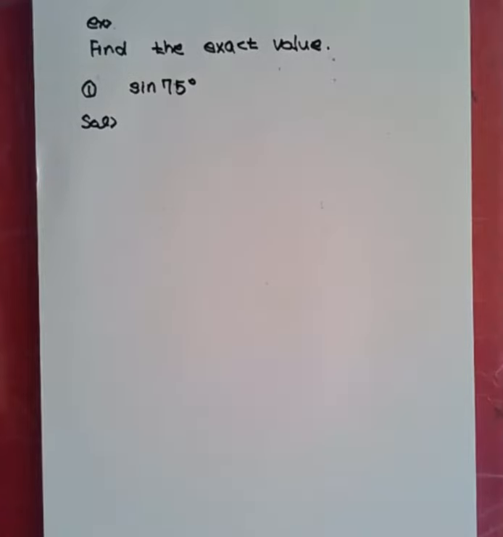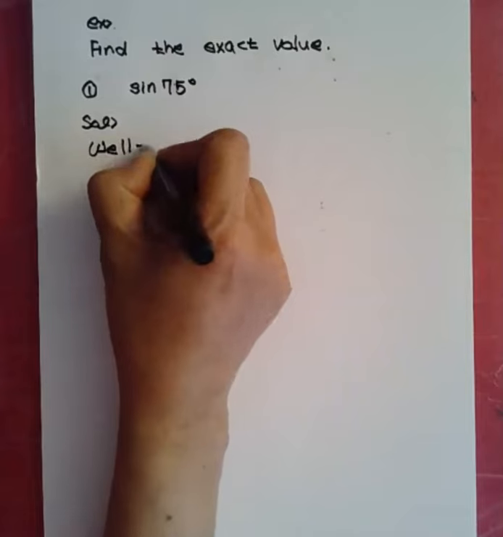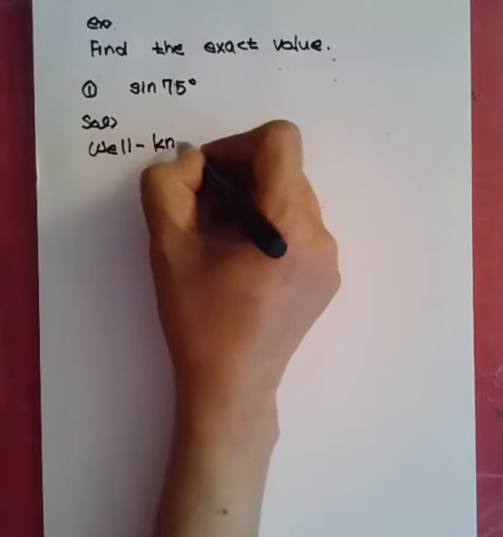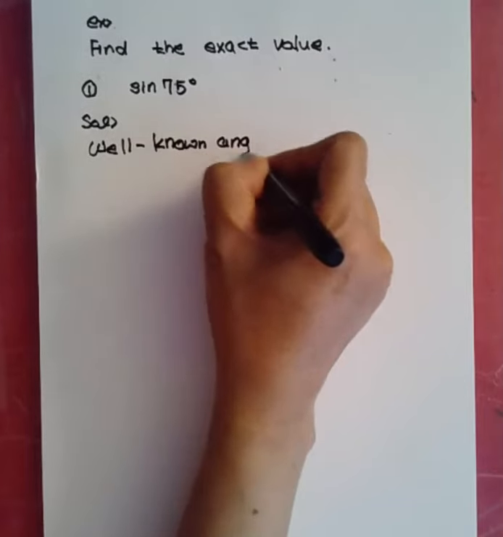These are not 30, 45, 60, or 90 degrees, or anything close to those well-known angles, but we can still list the well-known angles to use the sum and difference formula.